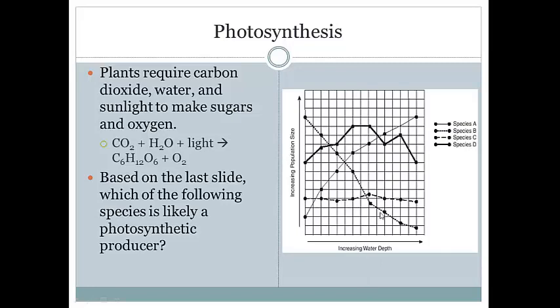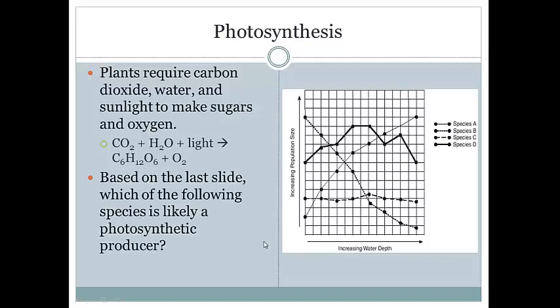If we look at species C, species C is pretty much constant. So species C doesn't have much relationship between population size and water depth. If we look at species D here, we see that we've got the biggest population at a medium water depth, and then it kind of drops off more or less in each direction.